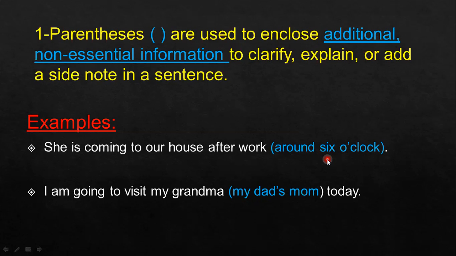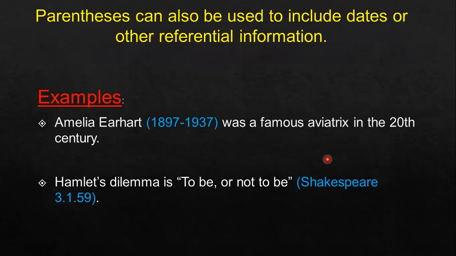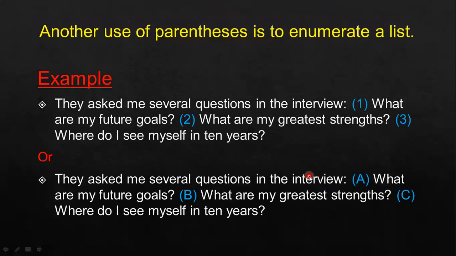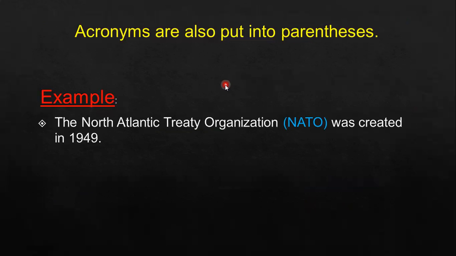Another case is to add dates or any referential information like pages of a book, or in a play, or in a novel. We can use it to enumerate a list like 1, 2, 3, A, B, C. If we use acronyms, we put them inside parentheses.